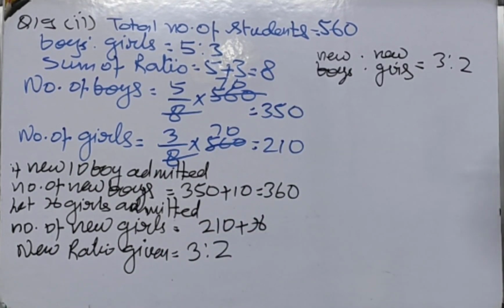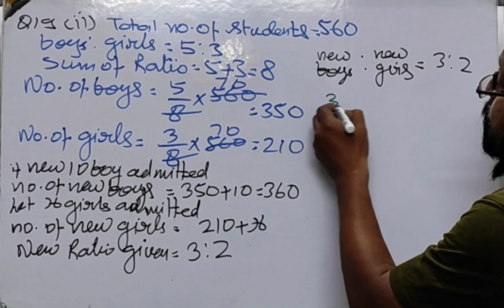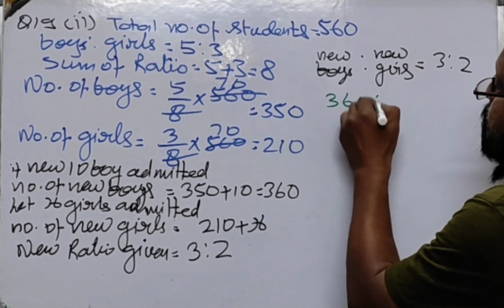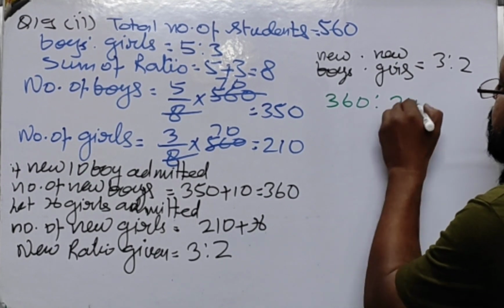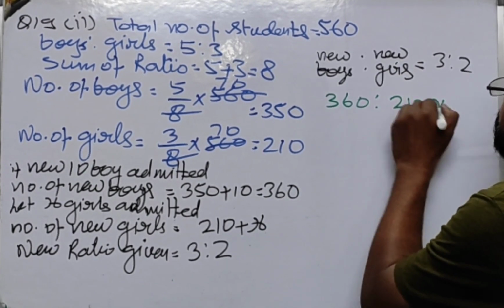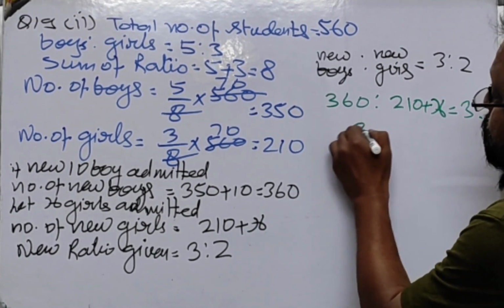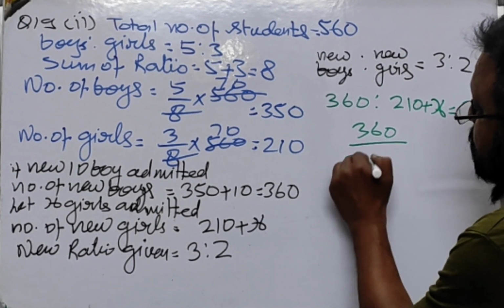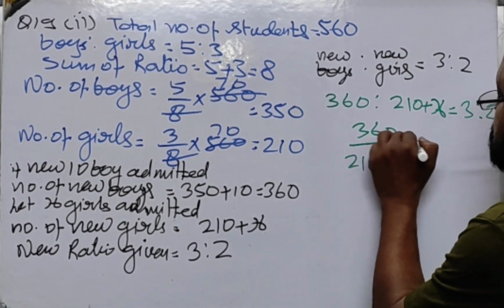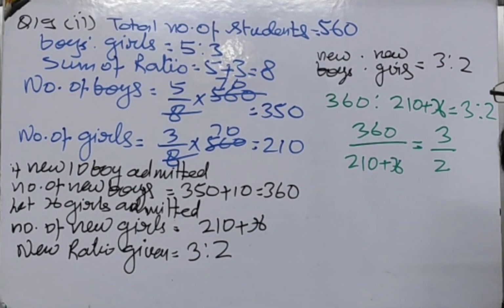So we can write here 360 ratio 210 plus X is equal to 3 is to 2. So 360 upon 210 plus X is equal to 3 upon 2, right?